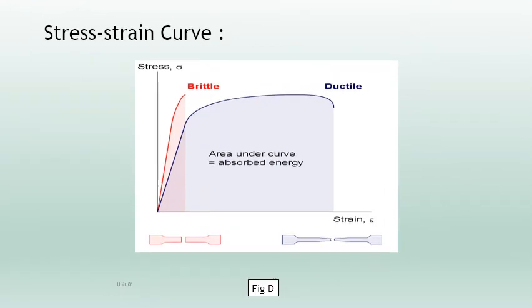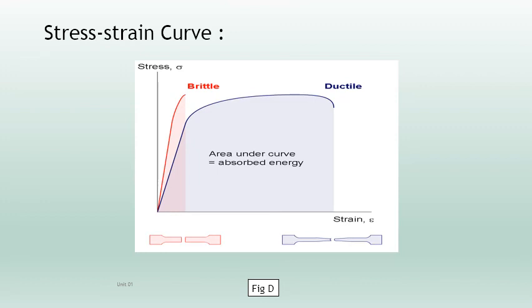In figure D, we can see the difference between the stress strain curve of brittle and ductile material. The area under this curve is nothing but the absorbed energy by the material. So it is obvious that the area under the brittle material curve is less, so brittle material possesses less energy than the ductile material.